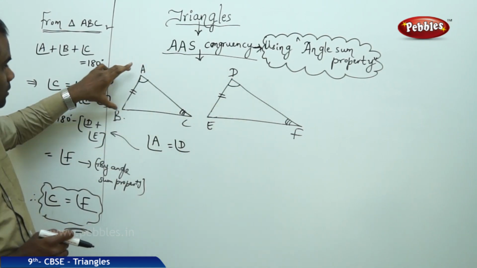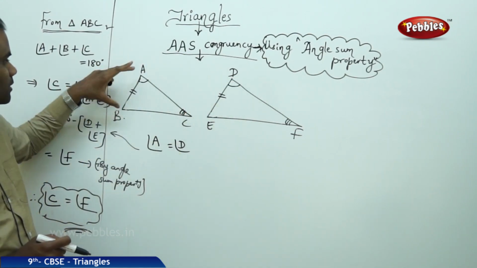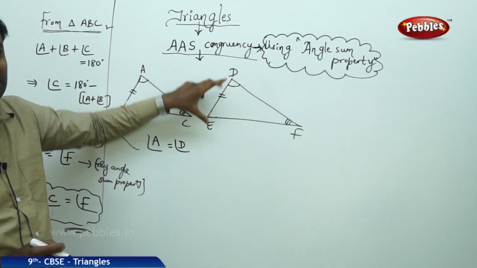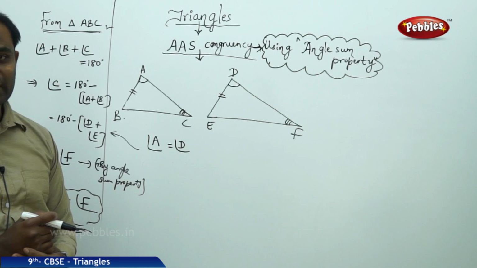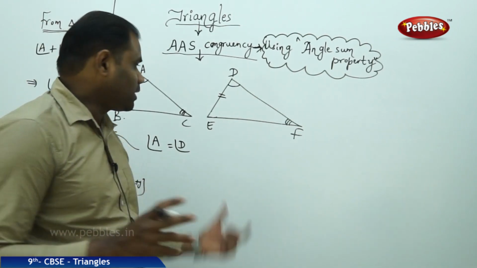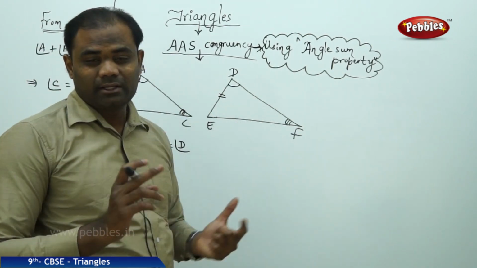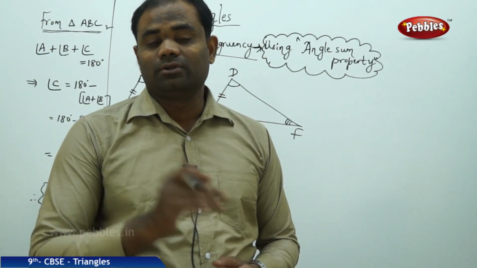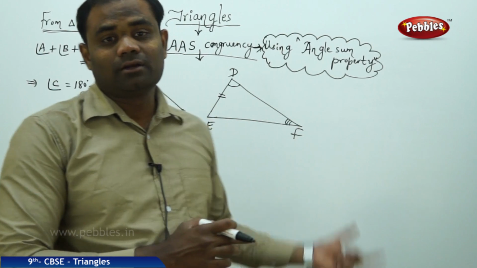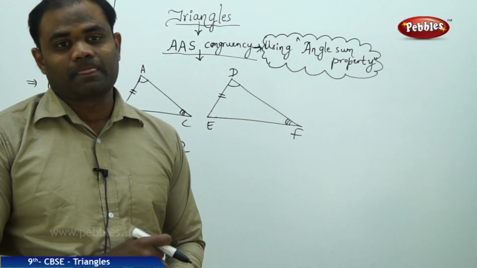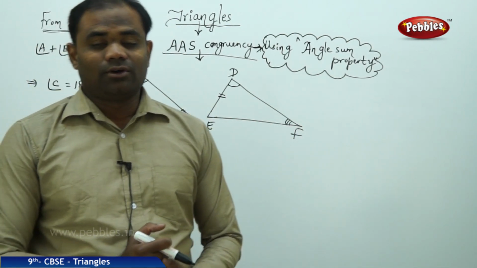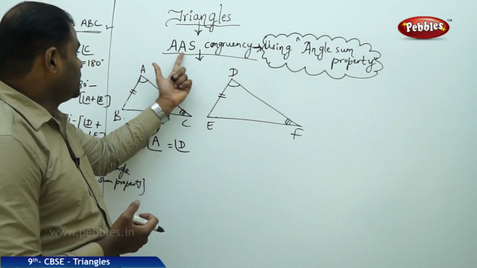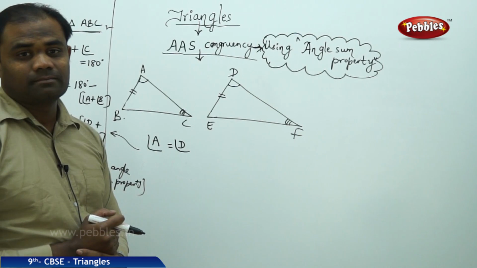AB is the non-inclusive side for the two angles here, and DE is non-inclusive. Therefore, if the corresponding two angles of the two triangles are equal and the non-inclusive side is equal, the two triangles do not lose their congruence property. That is how we understand the congruency of two triangles through AAS congruency.